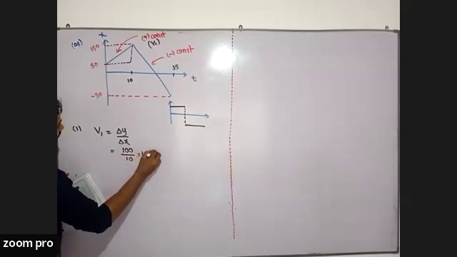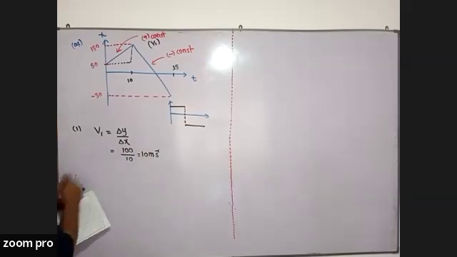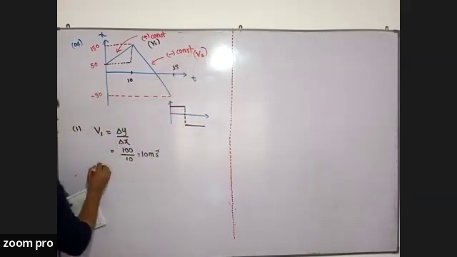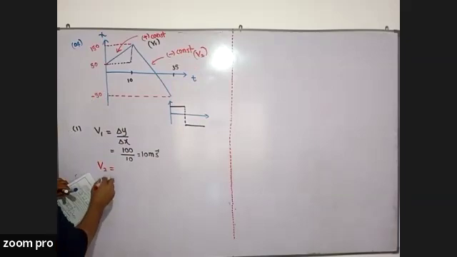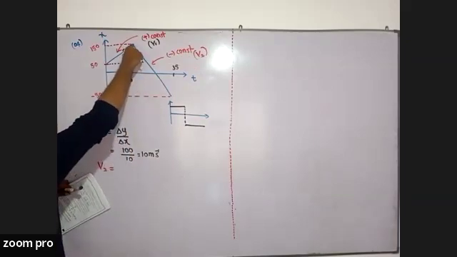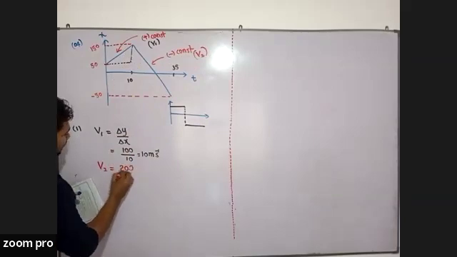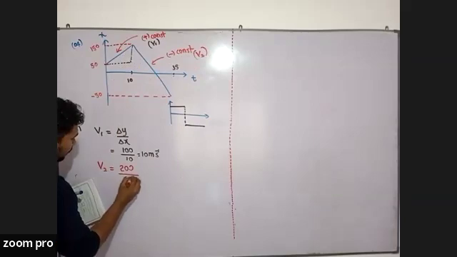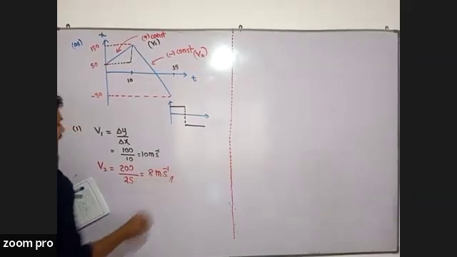So the velocity should be 10 m/s. So v2, the velocity in the second half of this graph, can be obtained by delta y, which is 150 plus 50, meaning 200. Delta x is 35 minus 10, which is 25. So that means it should be equal to 8.